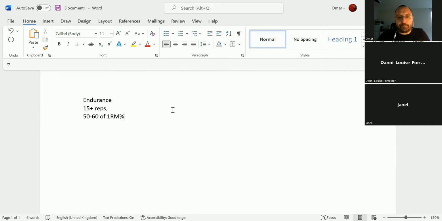So lots of reps, very little weight, and you will give them short rests, 30, 40 seconds. Okay, and that trains for endurance.